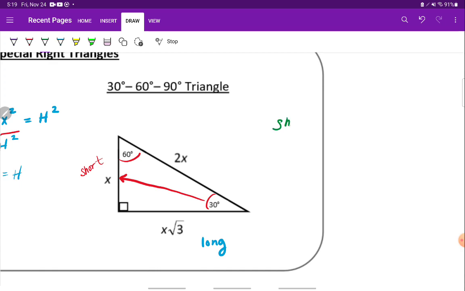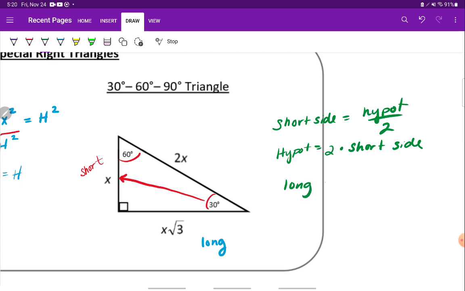So you could also think of it as the hypotenuse being 2 times the short side. And then our long side is the square root of 3 times the short side.